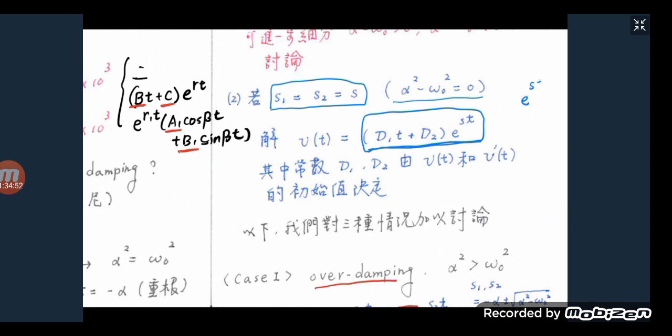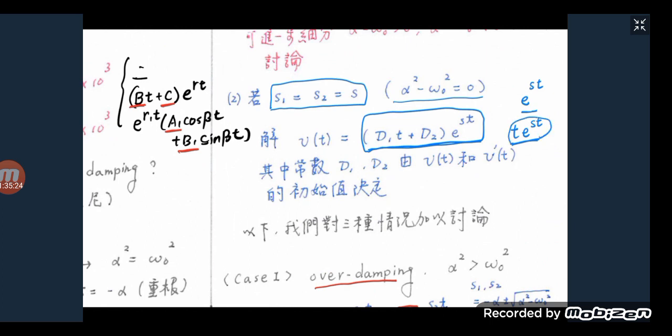If we just focus on the only solution, the single solution is not complete. It is supposed to have another solution. The solution is t times the exponential as t. Any questions? 这些公式有学到吗？如果是重根的话，是不是另外一个根就把它乘上一个 t？Any questions?